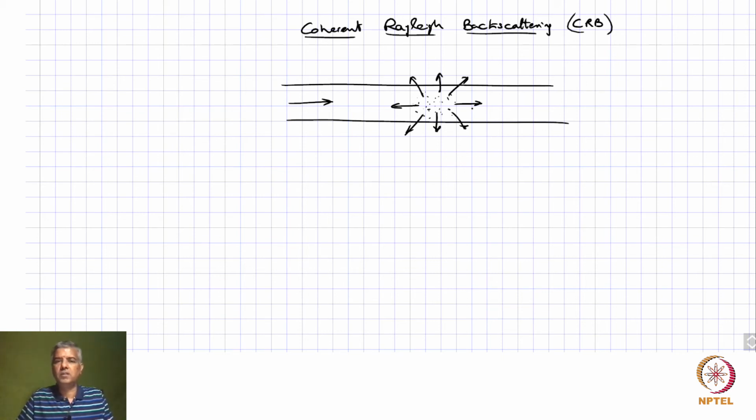The clockwise radiation may look like anti-clockwise or vice versa. So any backscattering is going to be very bad as far as this FOG is concerned.